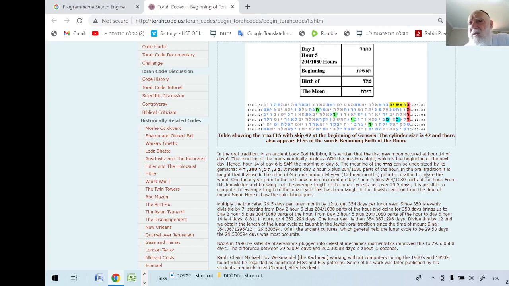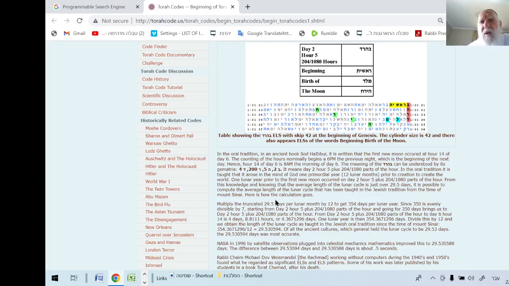In the old tradition, it is thought that it arose in the mind of God one primordial year, which is the 12th lunar month, prior to creation, to create the world. So one lunar year prior to the first new moon occurred on day 2, the 5th hour, plus 2 or 4 parts of this hour.